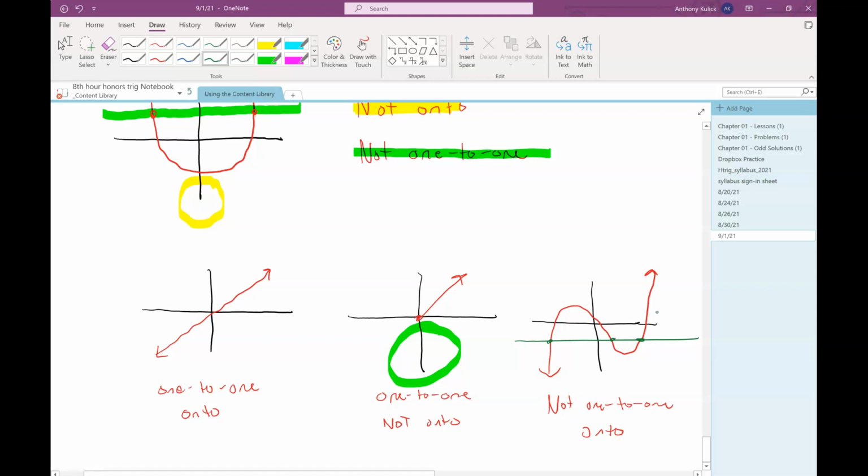So for it to be onto, the range has to be negative infinity. Yes, basically. I'll say that for us right now. Technically, no, but for what we're doing with this, yes. Is that an okay answer? Yeah. Okay. That's a much more complicated question than I'm really prepared to deal with.